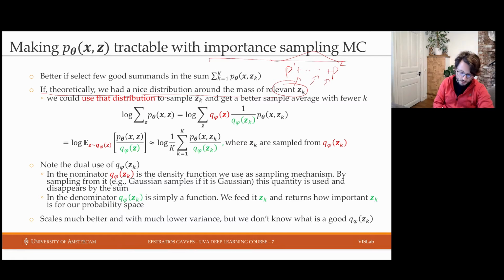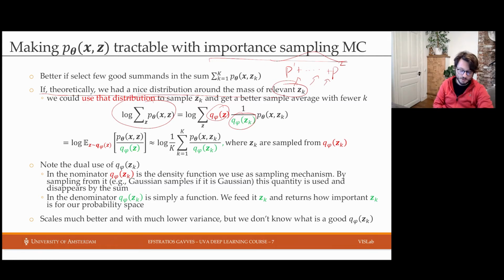How do we do that? Well, in the log sum term we had before, we now have two densities. So we multiply and divide by the same density, Q parameterized by phi. Since we did multiplication and division by the same quantity, there is absolutely no problem.